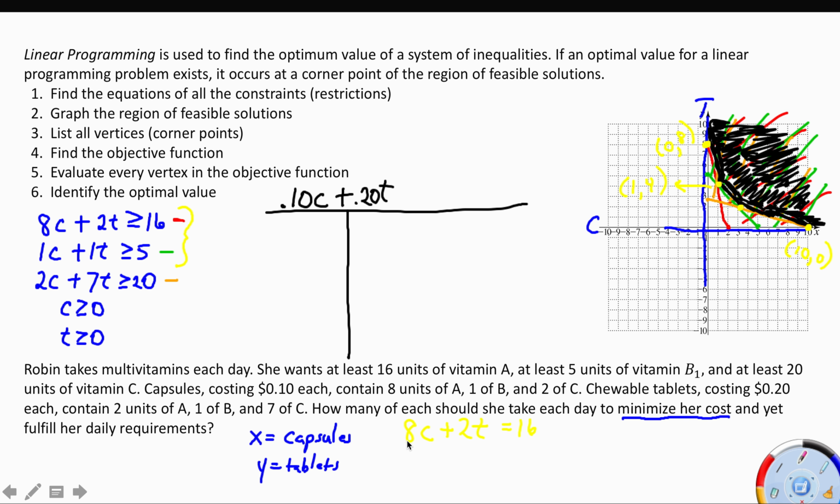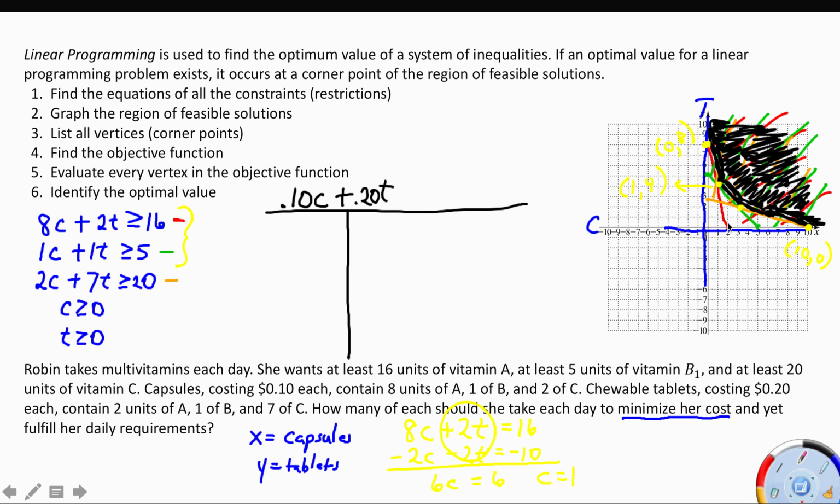Multiplying by -2, -2c minus 2t equals -10. And I would come up with 6c eliminated equals 6. So c is 1. And if I know c is 1, I can find out t.